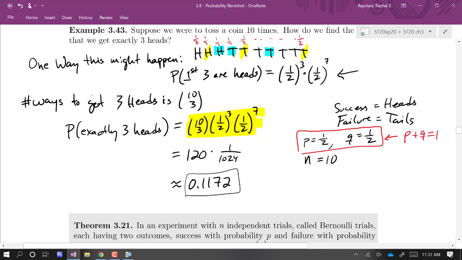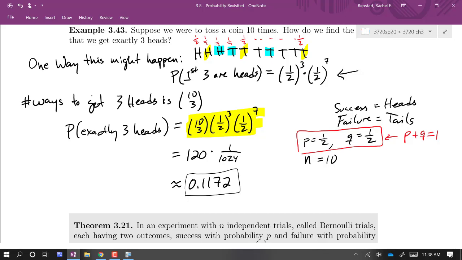Because you're basically partitioning the set of outcomes into a success and failure. So this particular thing happens or it doesn't. So I either get heads or I don't get heads. In any scenario, you can always break it down into a success and failure. With tossing a coin, it's pretty obvious, right, that we get 2 outcomes.